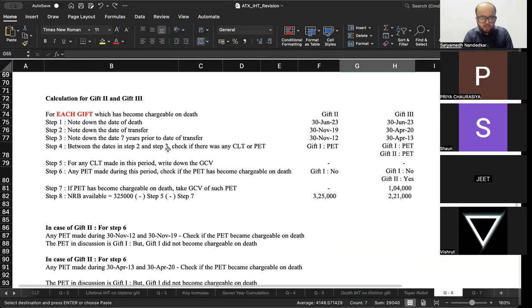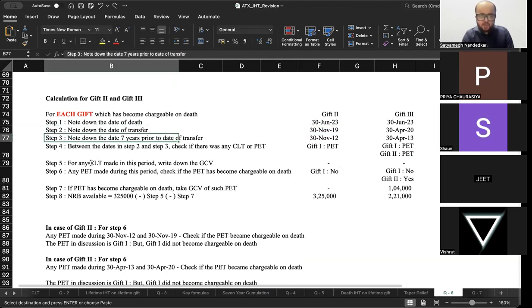अब इधर देखो, calculate for gift 2 and gift 3. ठीक है, अब आपको क्या करना है to calculate the NRB? Step 1, note down the date of death. Step 2, note down the date of transfer.